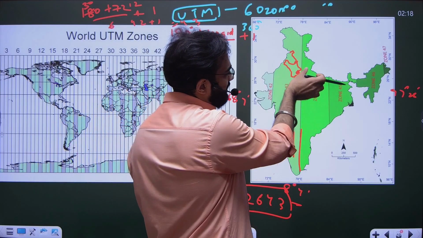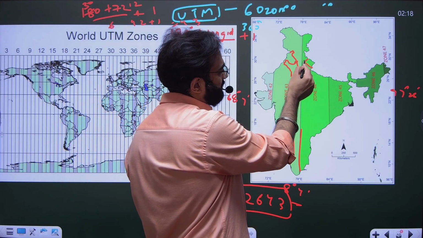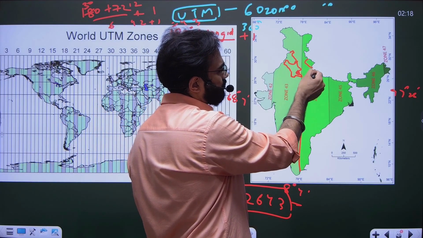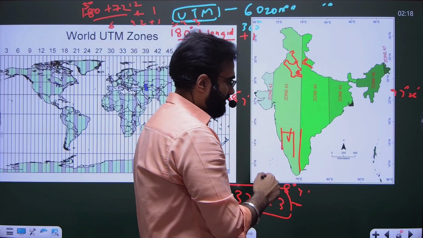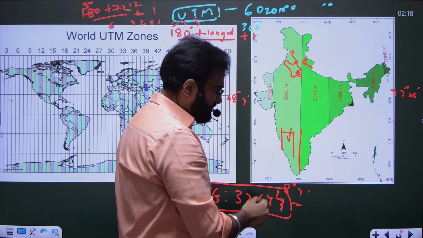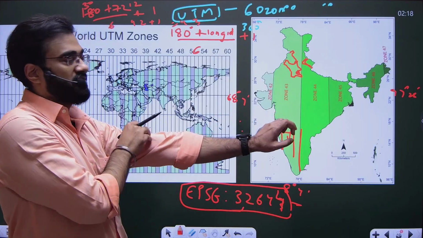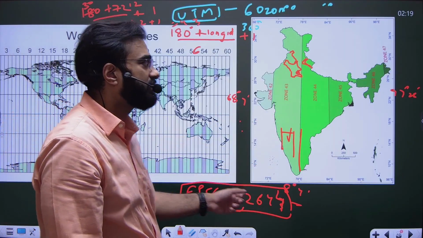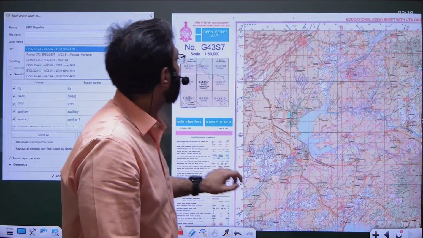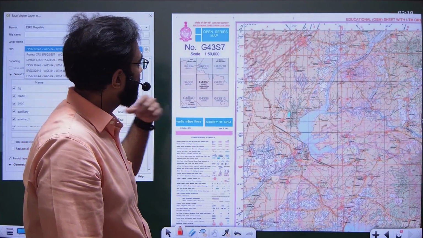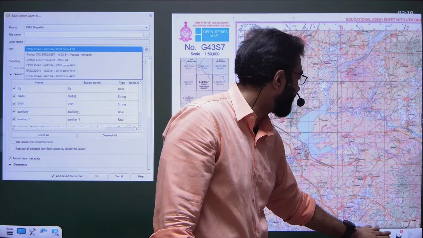Similarly, if I take an area in Uttarakhand, like Chamoli, Champawat, etc., I will use 32644. This is very important, which students normally don't understand. Here in the topo sheet you can see this is Banaskantha in Gujarat.